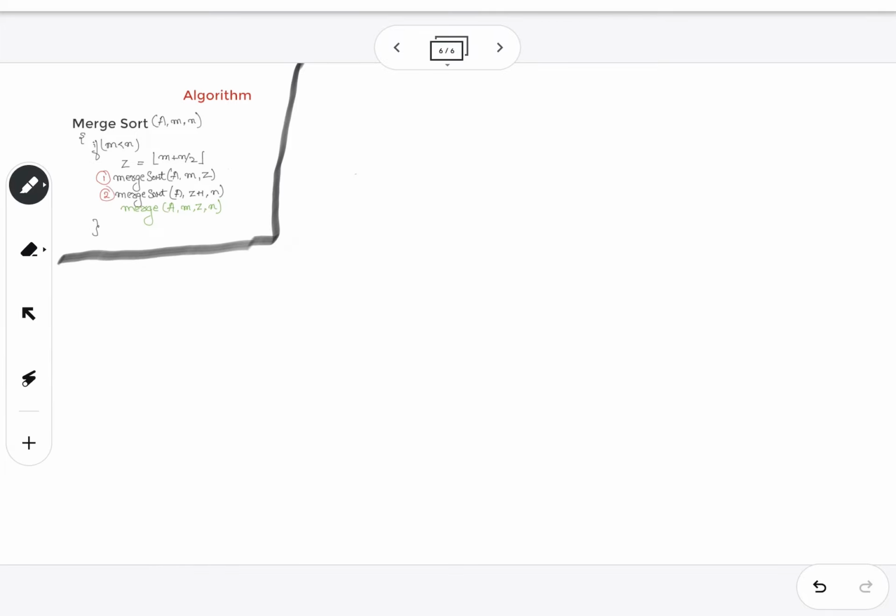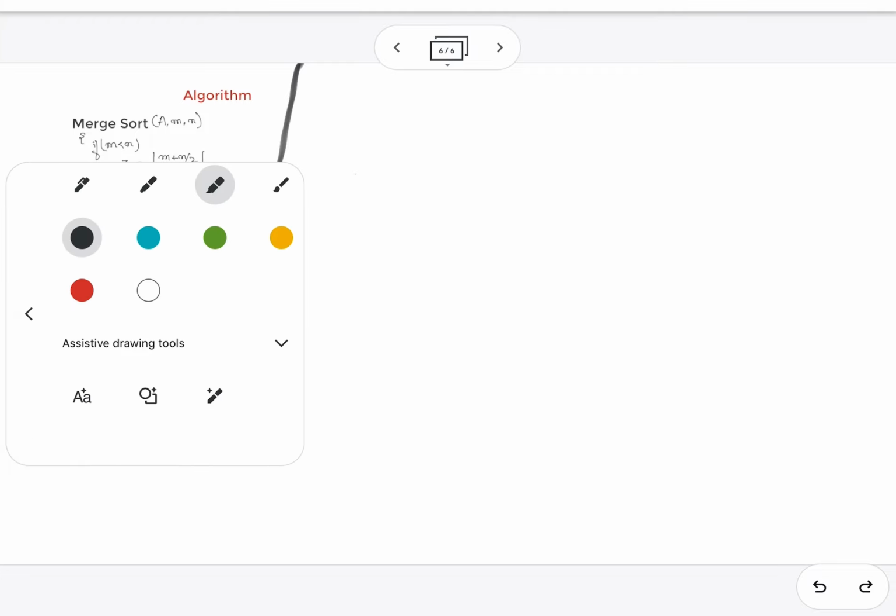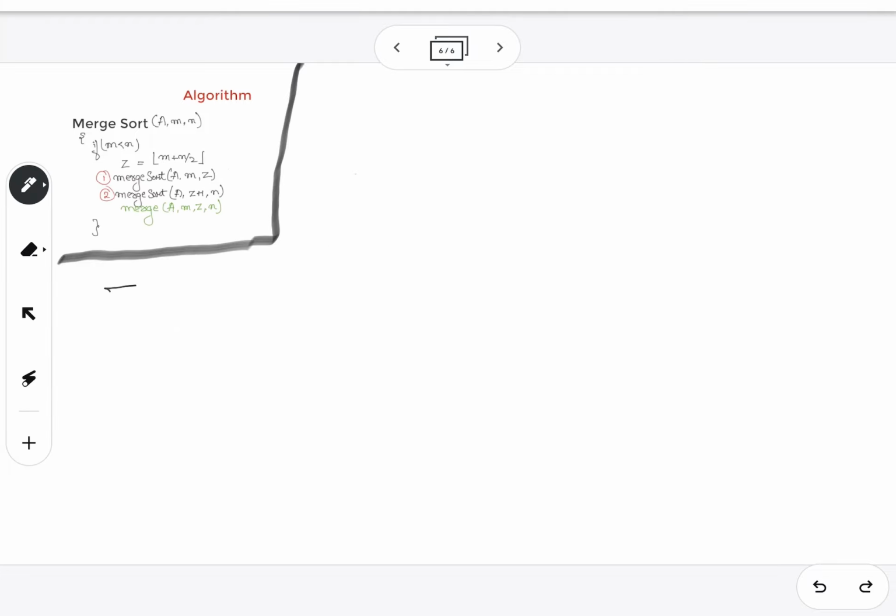I will do another kind of thing, which might be easy to understand, rather than taking an array again. Previously we talked about the array that was of size 8.